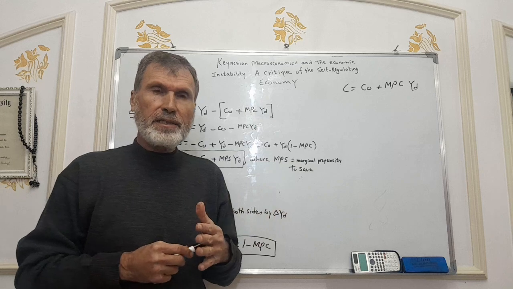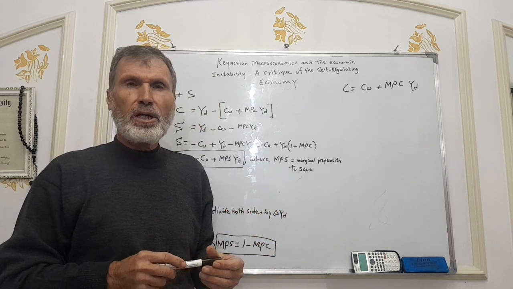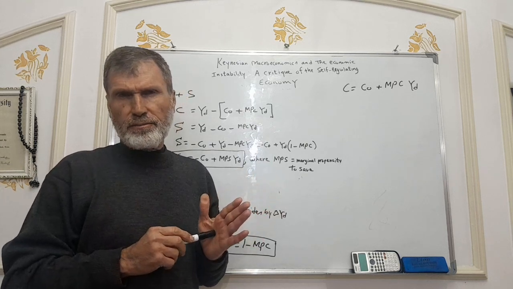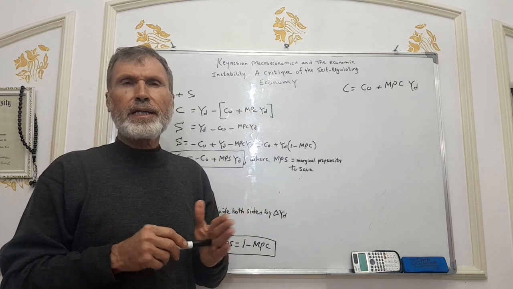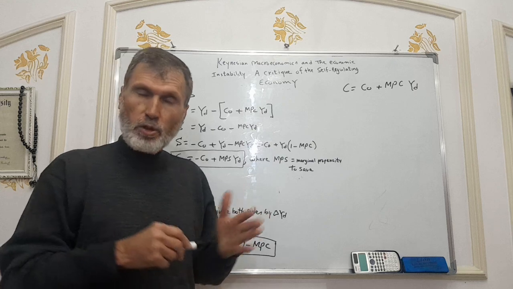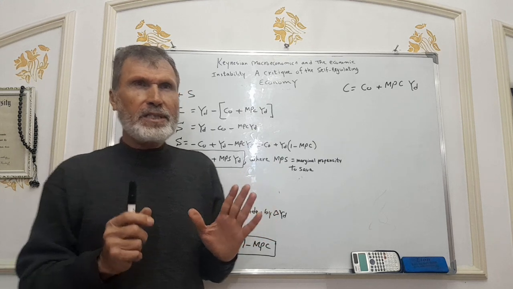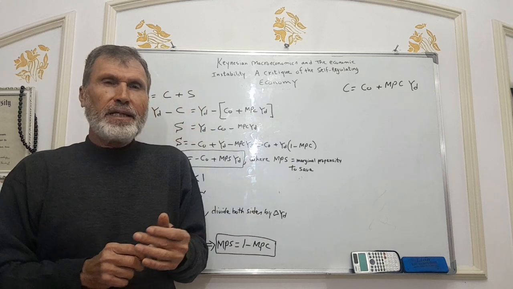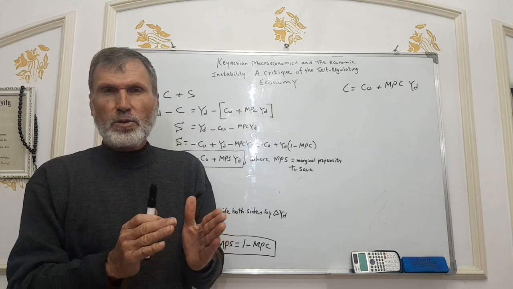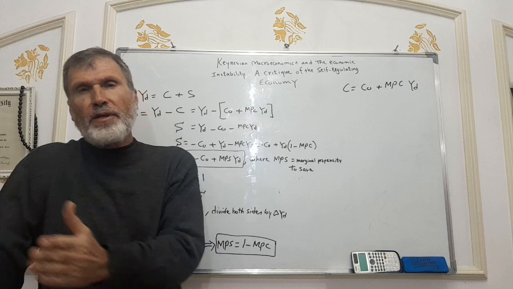The question is, will total spending increase by the same amount as the increase in autonomous consumption? According to Keynes, total spending will increase by more than the increase in autonomous consumption, because according to Keynes, the increase in C0 will act as a catalyst to other spending.